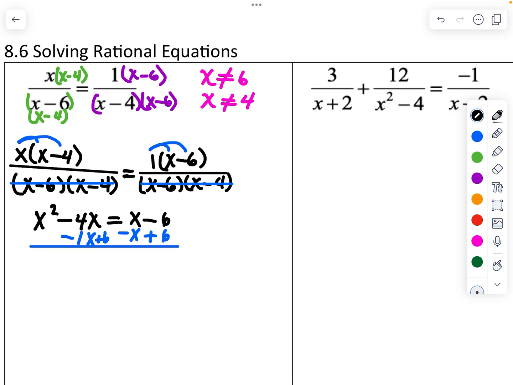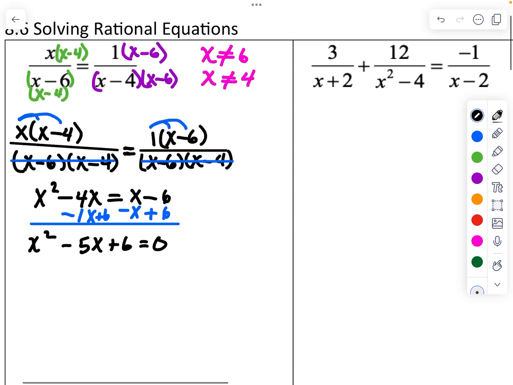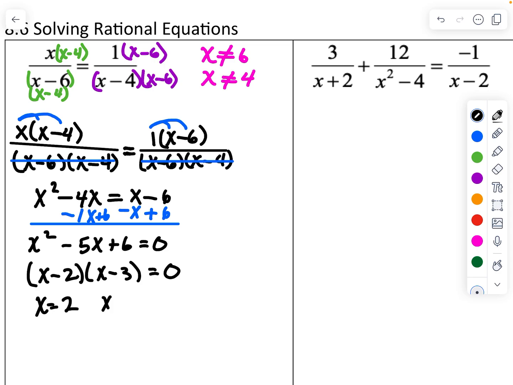And that is going to give us x squared minus 5x plus 6 equals 0. Then we need to factor that. And when we factor it, it is x minus 2 and x minus 3. And so x will equal 2 and x will equal 3.